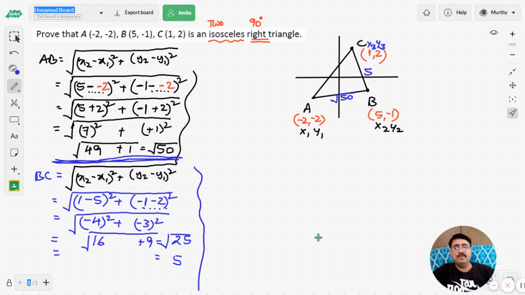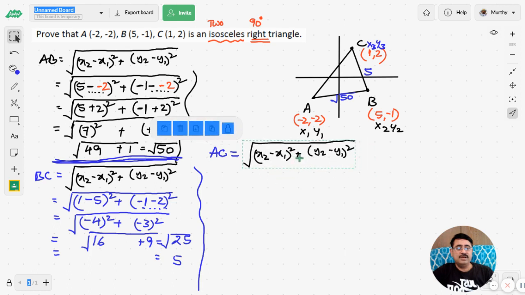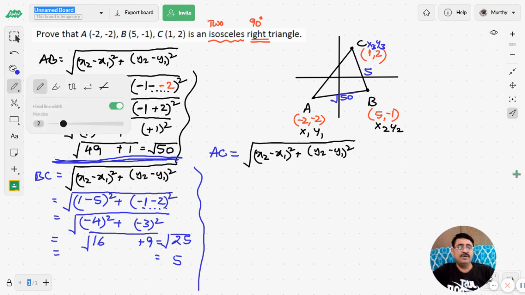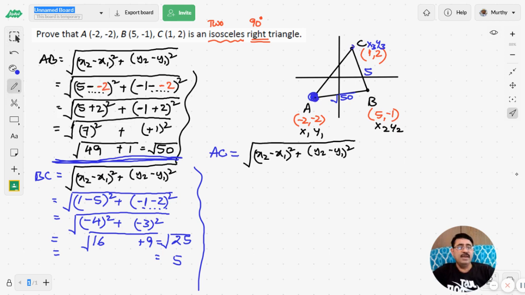Now let me compute here. Length of AC equals, let me write the formula, which is x2 subtract x1 whole square. Now this time we are taking these two points, A and C. Then plug in these values.